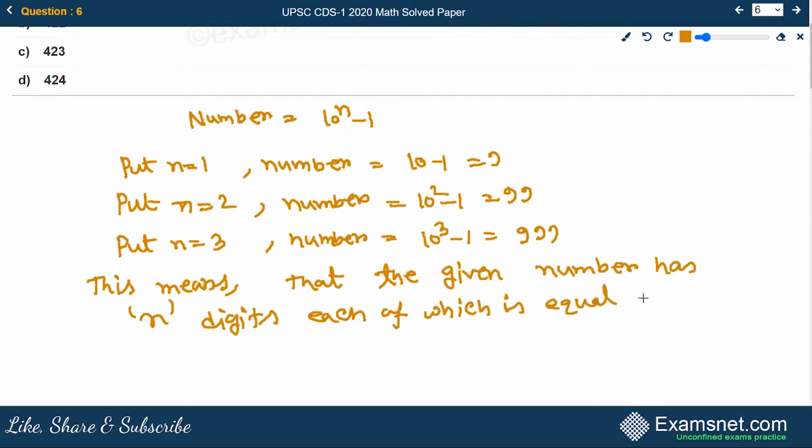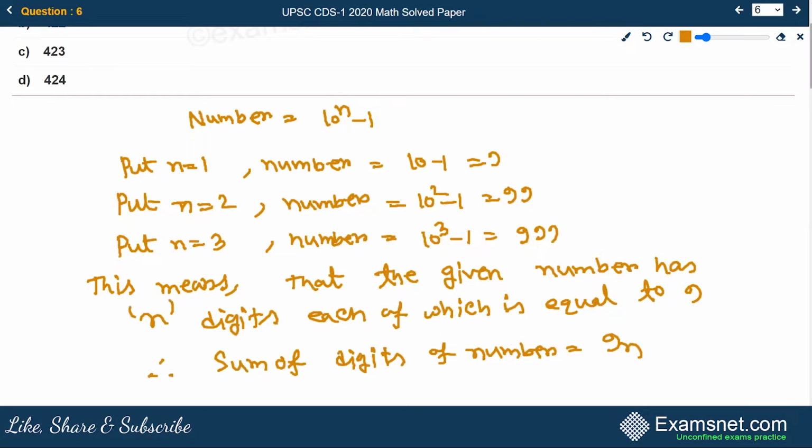Therefore, if there are n digits, each of them 9, the sum of digits of the number will be 9n. There are n digits, all 9, so 9n.